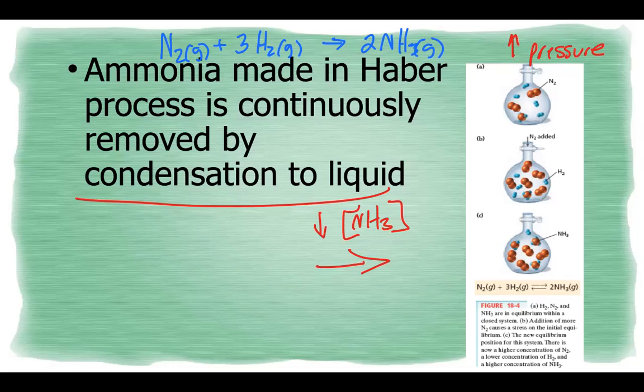So not only can we produce more ammonia by increasing pressure, but we can also produce more ammonia by continuously removing the gas by condensing it and then having it drip off of the distiller afterwards.